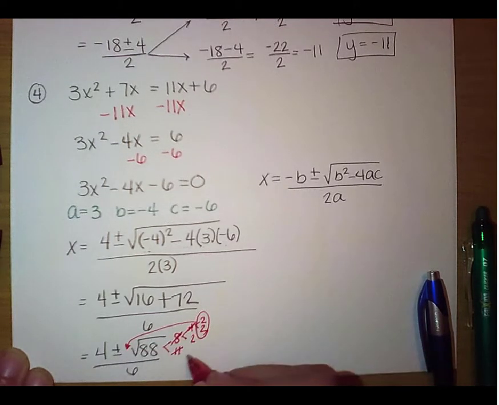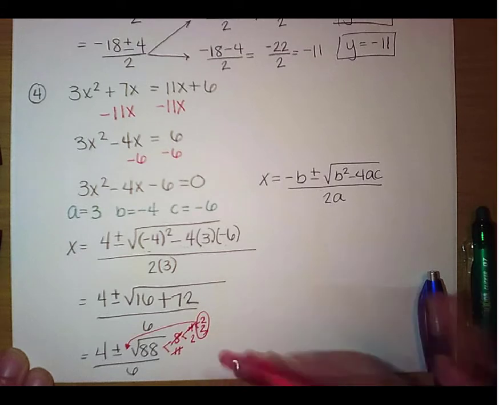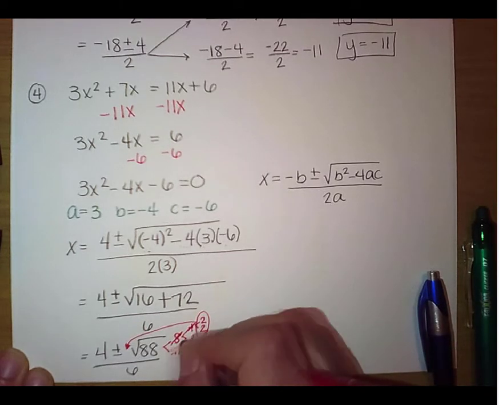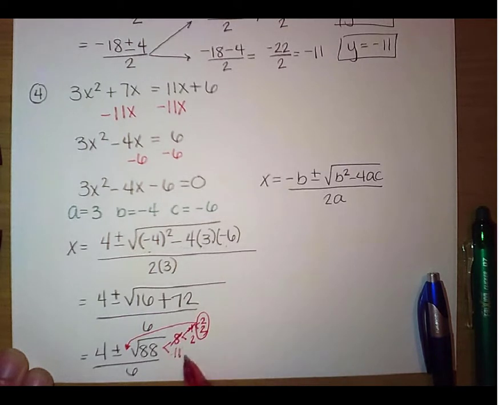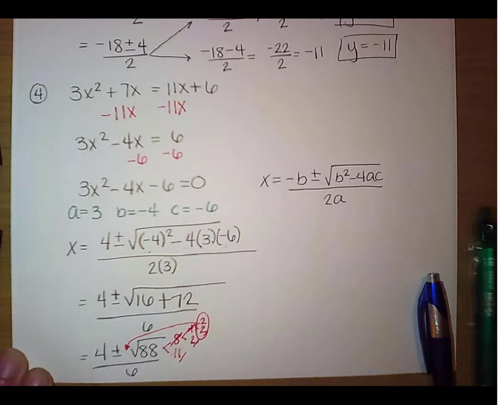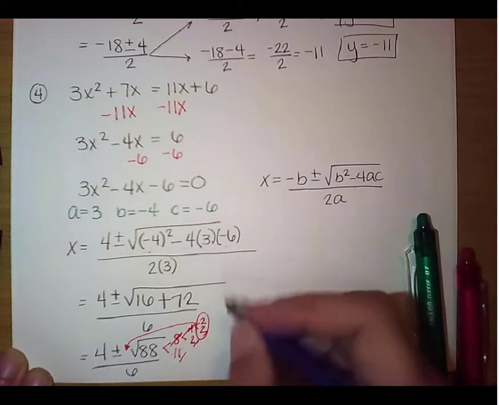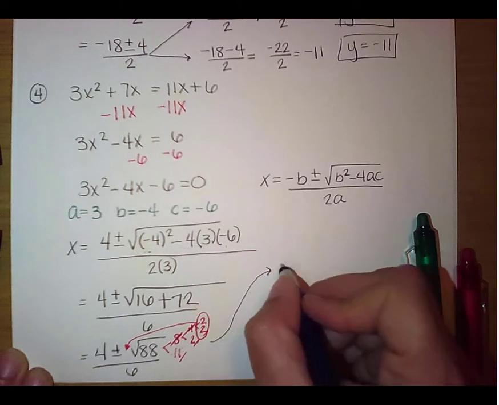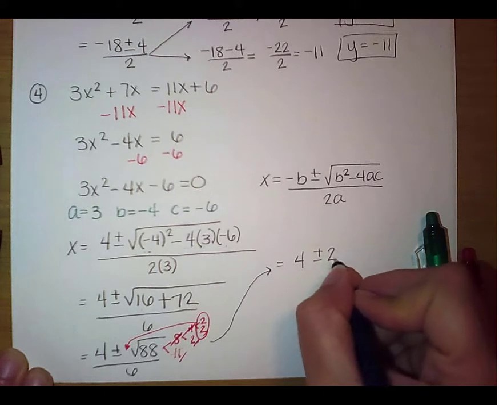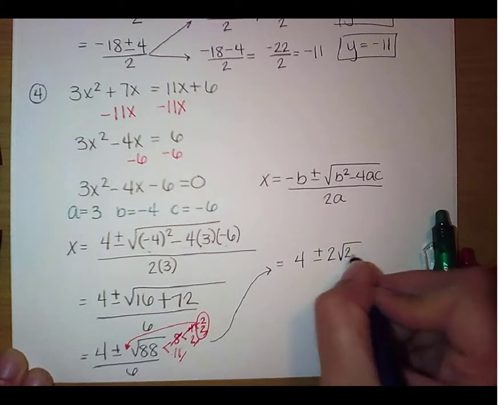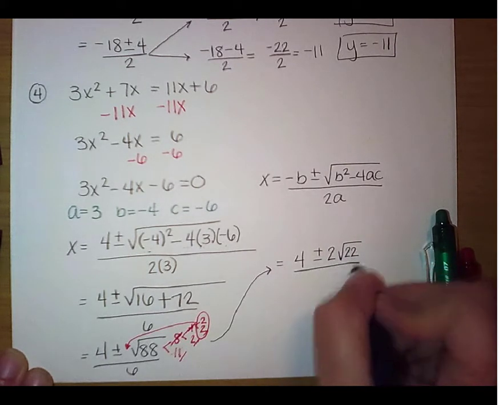But we also have, oops, I didn't mean to cross out that 11. I'm sorry, that is a prime number. We don't want to cross him out. He is one of our terminating ends. So we do have a 2 and 11 that are right there together. We need to multiply those back together. So this is going to end up being 4 plus or minus 2 square roots of 22 over 6.